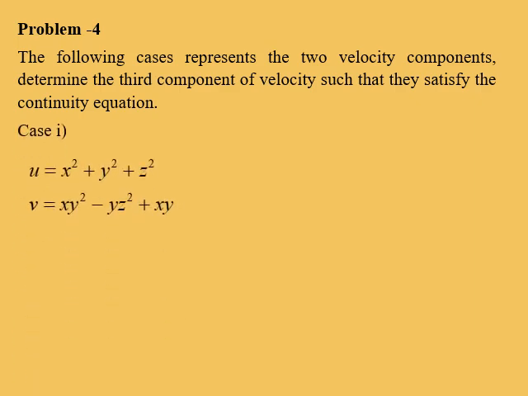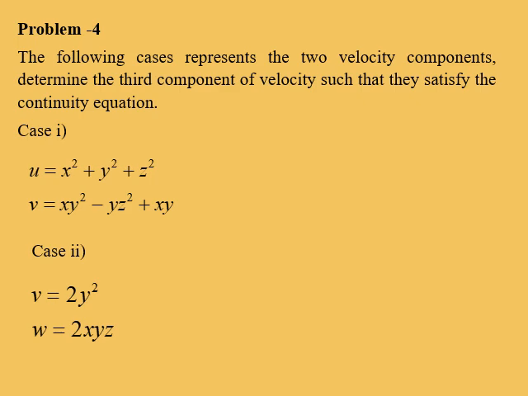Case 1: u is equal to x square plus y square plus z square, v is equal to xy square minus yz square plus xy. The second case is v is equal to 2y square and w is equal to 2xyz. So these are the two cases. In these two cases, two velocity components are given.